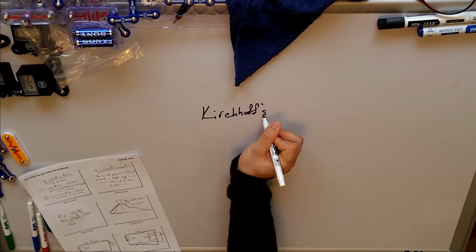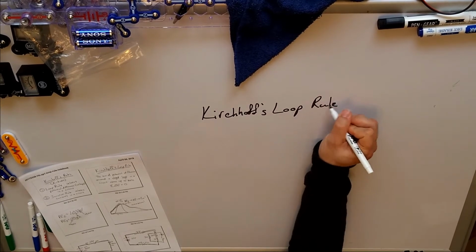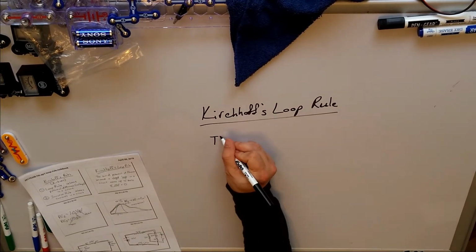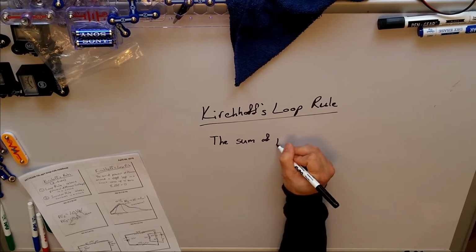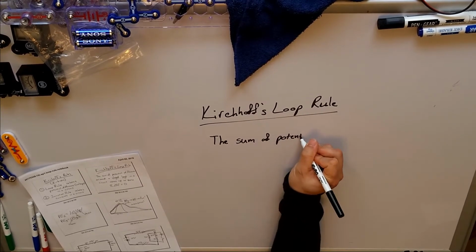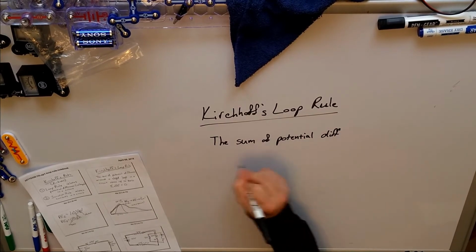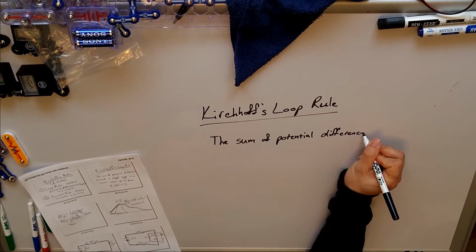Kirchhoff's loop rule. Now, we've mentioned this before, but I'm going to go ahead and write it out so that you see it. The sum of potential differences. Normally, I'd be doing this part of the text in red, but my red markers are not my favorite.